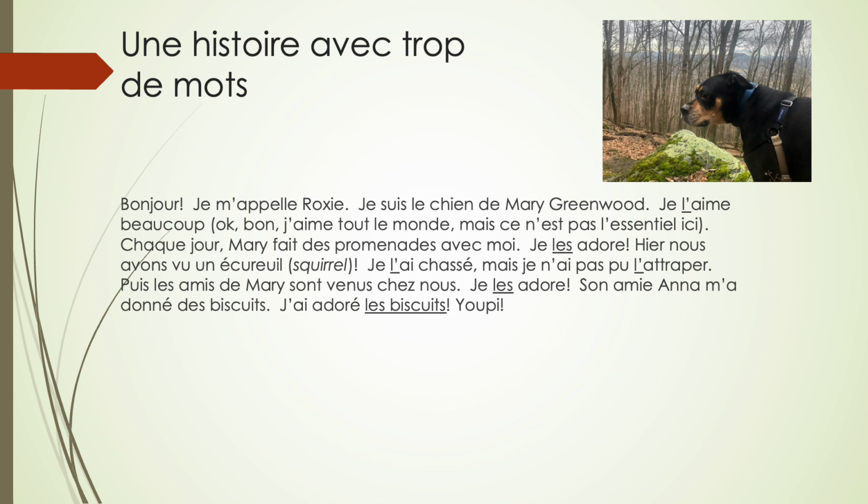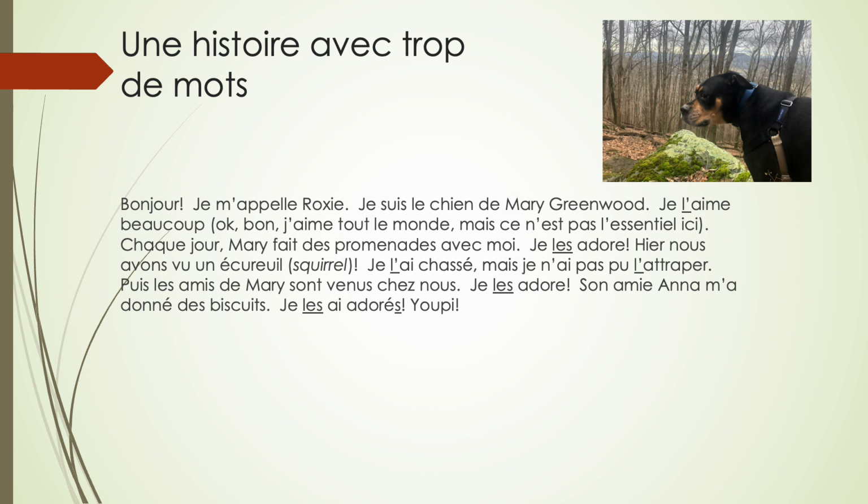J'ai adoré les biscuits. So les biscuits, we're going to replace with the pronoun les. And we're going to put it in front of the conjugated verb ai. Je les ai adorés. Youpi!